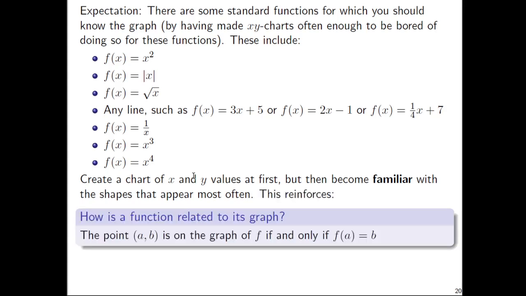Okay, what practicing this does is it helps reinforce the connection between a function and its graph, namely that the point a comma b is on the graph of f if and only if f of a equals b. Why does it reinforce this? Well, because as you pick a random value of x and compute what y is, and put that info in a chart, you also have to graph that point.